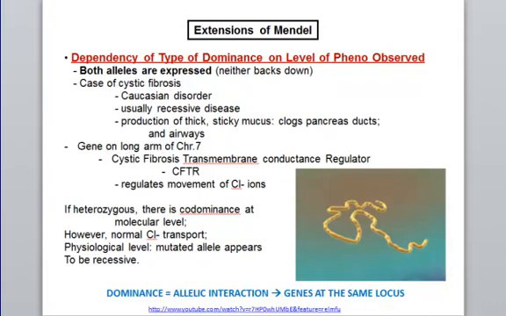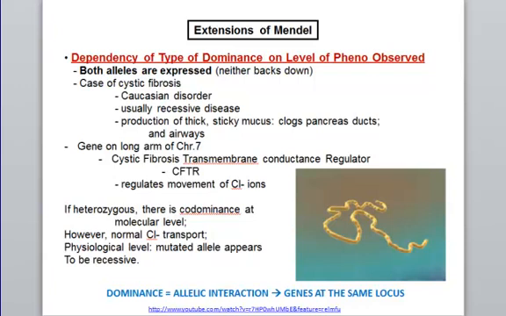In the case of cystic fibrosis, I had mentioned that the type of dominance would depend on the level of the phenotype that you're looking at, which means if you look at the receptors, transmembrane channels at the molecular level on a person that is heterozygous for the alleles, you'll see that this person will express both types of channels, one that is defective on the transporter of chlorine ions and the other one that works properly.